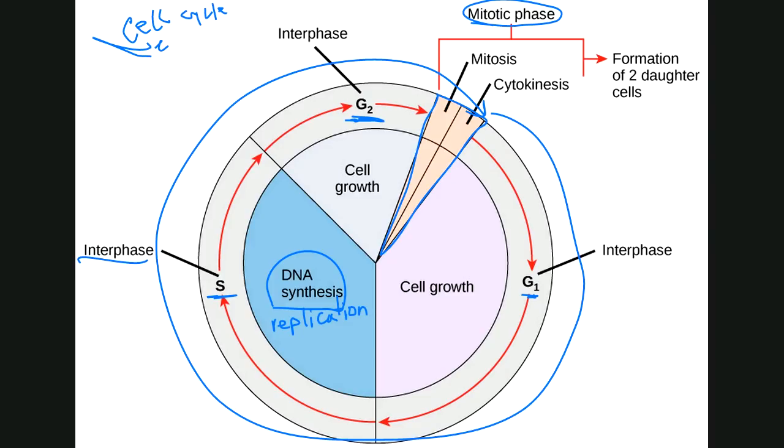Then we have this small piece of the pie, which is cell division. This is when the cell actually gets split, right? All of the DNA, all of the organelles, all of the cytoplasm gets split into the two daughter cells. Now, I'll sometimes just say mitosis as the cell division component.